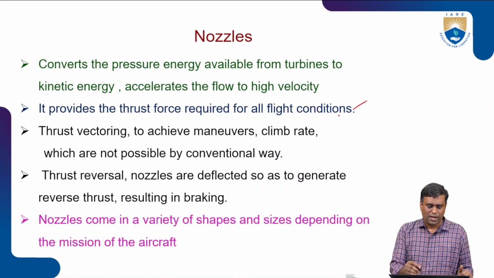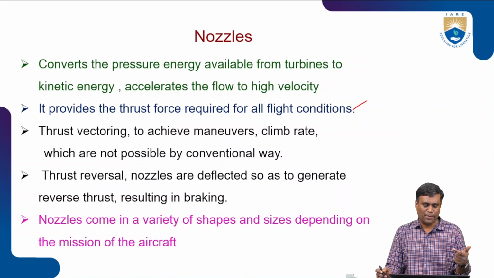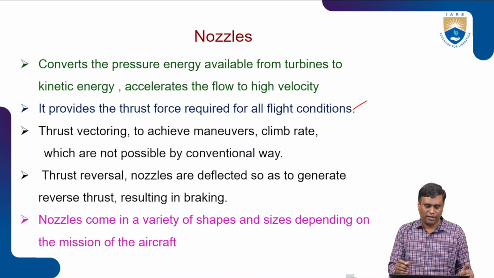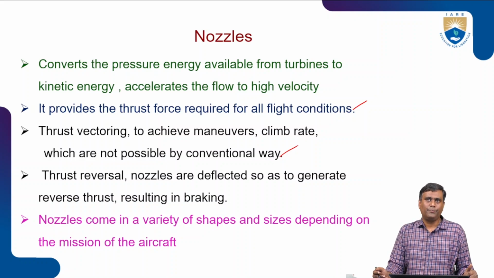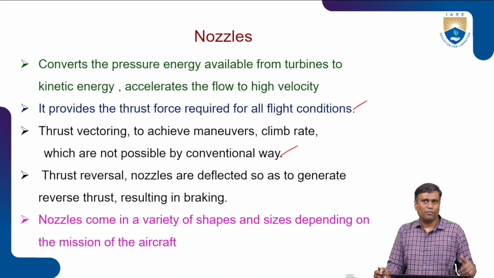And thrust vectoring is also possible, to achieve maneuvers and climb rates which are not possible in the conventional way. Movable components will be there in the nozzle, which help in changing the maneuvers whenever required.